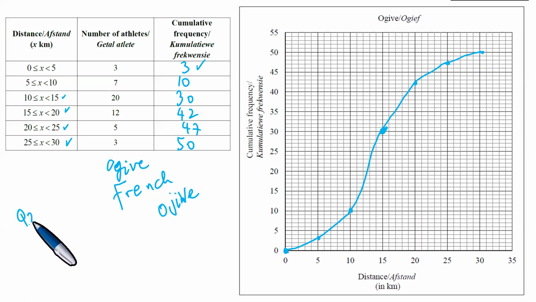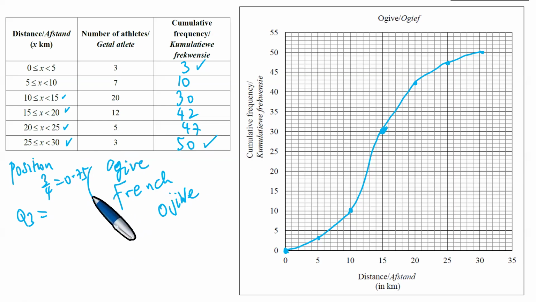Q3 becomes 3/4. Its position is 3/4, which is 0.75 of the total. So at this point, it's going to be 0.75 of the 50.